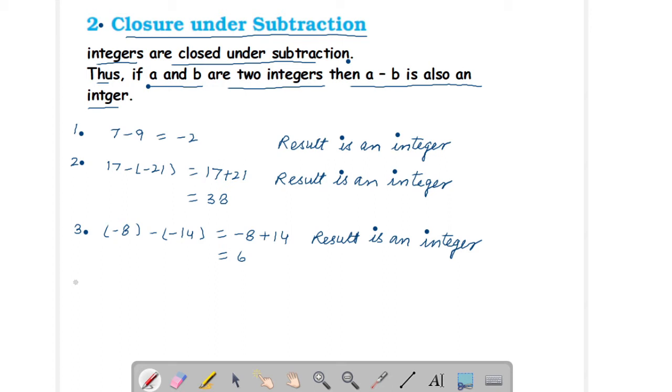Thus, if a and b are two integers, then a minus b is also an integer.